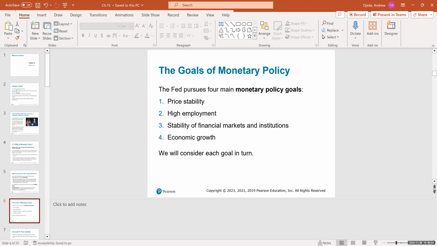So the dual mandate is basically the first two goals, very important to Congress: price stability and high employment. To an extent that every year the chair of the Federal Reserve has to testify before Congress, and they answer such questions, whether they're keeping up with price stability, whether they're keeping up with maximum employment. Those two goals seem to be very critical to Congress when they wrote the Federal Reserve Act of 1913 that created the Federal Reserve in the first place.